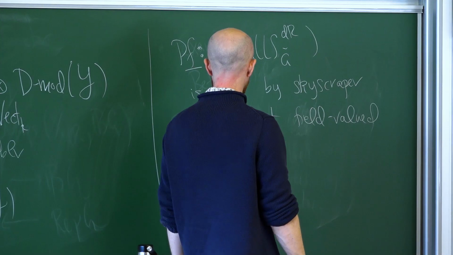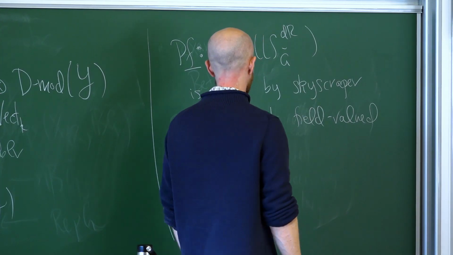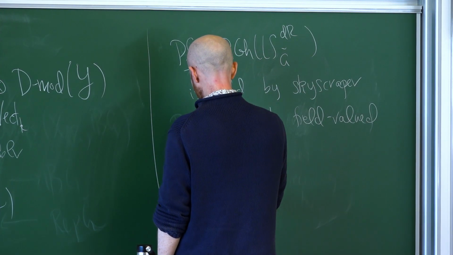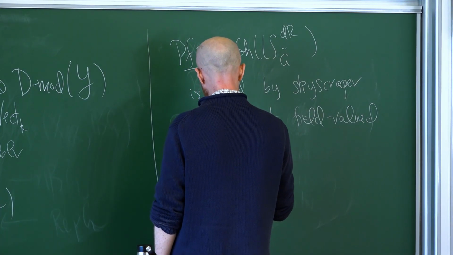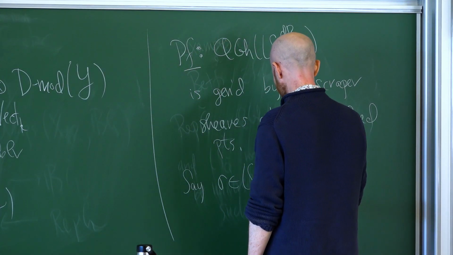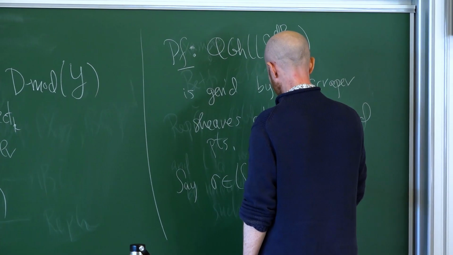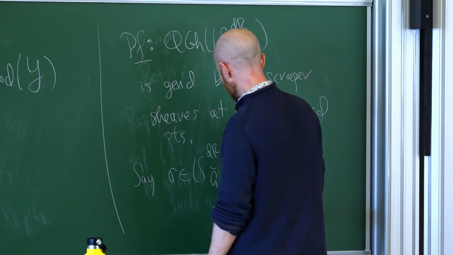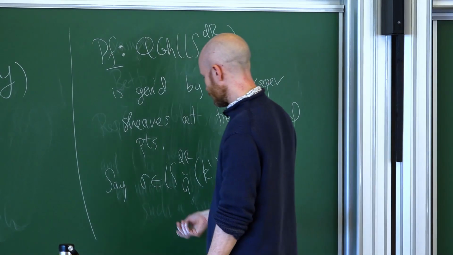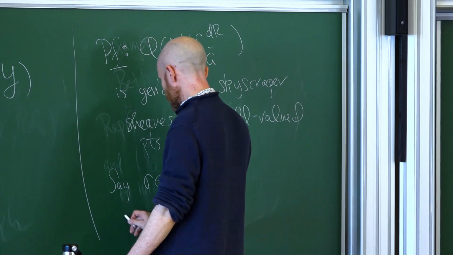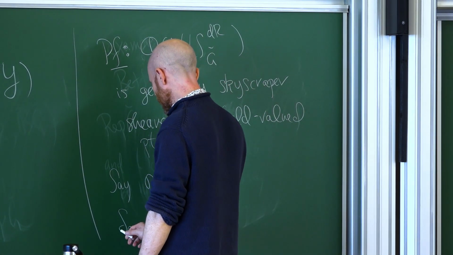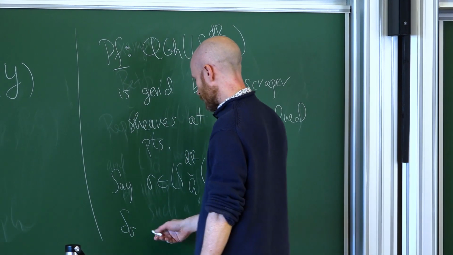The skyscraper sheaf at the generic point I count as one such thing. So say I have a local system sigma. Let's suppose I take this as a K-prime point. So I take the corresponding skyscraper sheaf. Let me call it delta sigma.